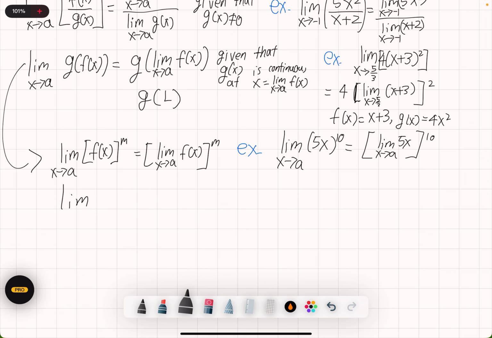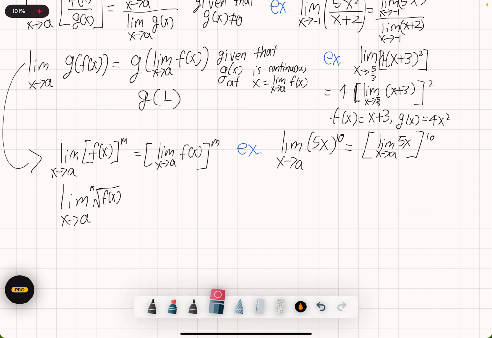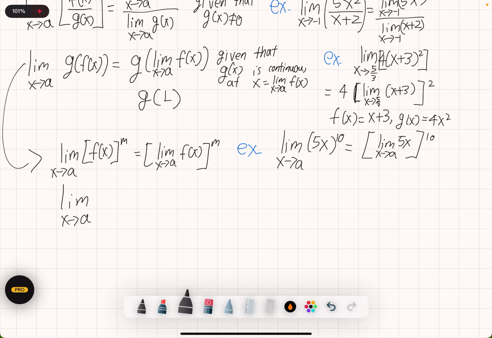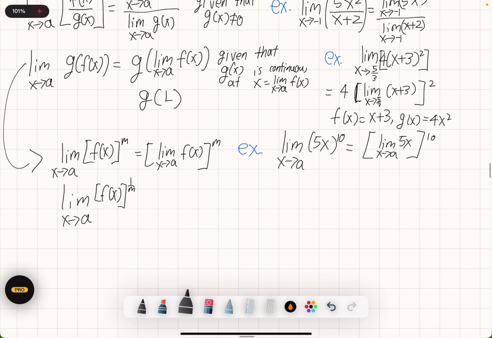And the second subcase we can derive from this theorem is that the limit of the m-th root of f of x, or you can say the limit of f of x to the power of 1/m, which are the same thing, equals the limit of f of x as x approaches a to the power of 1/m.